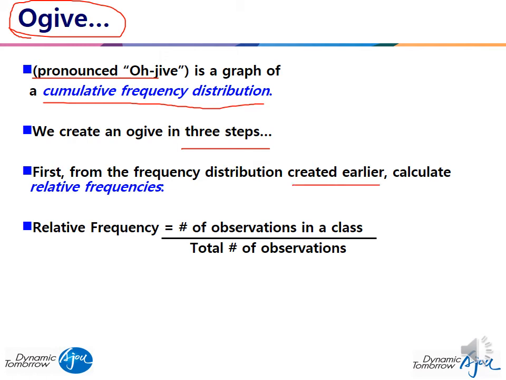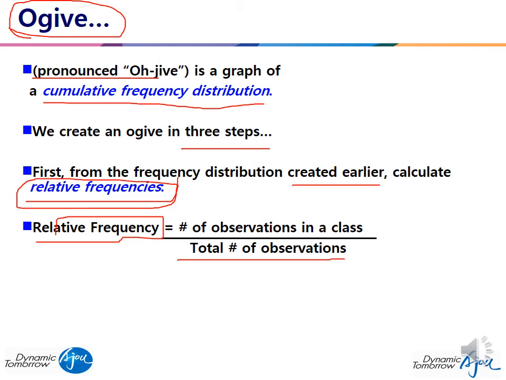First, from the frequency distribution created earlier, calculate the relative frequency. Relative frequency is defined as the number of observations in a class divided by the total number of observations. That's our first step to create an ogive.